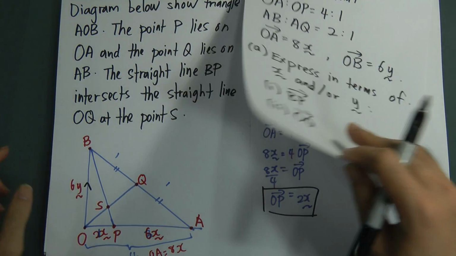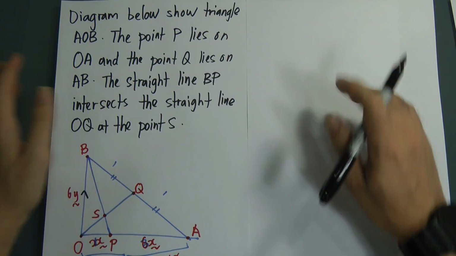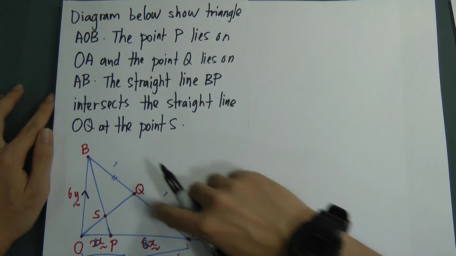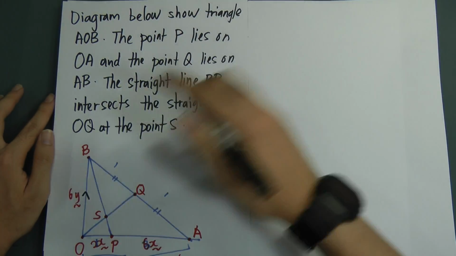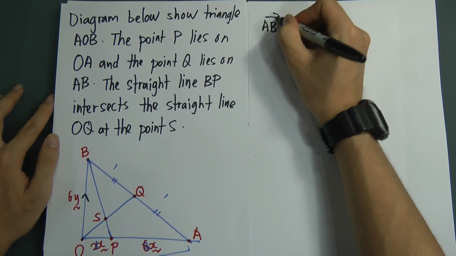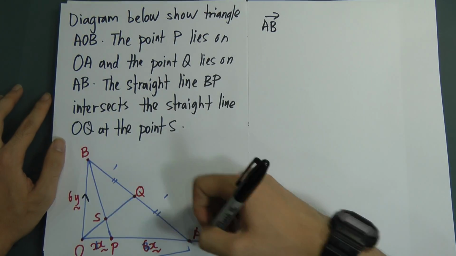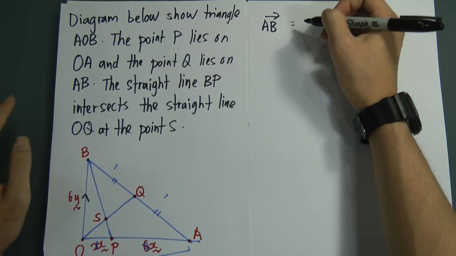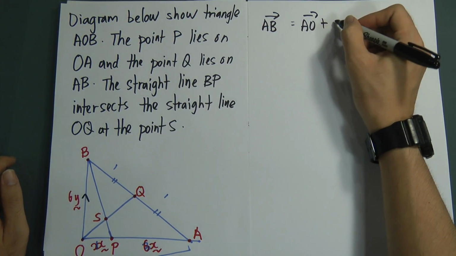Okay, so now, let me change to a new page. The first step is, in order to get OQ, I must find AB first, because I want to find AQ. AB will equal AO plus OB.